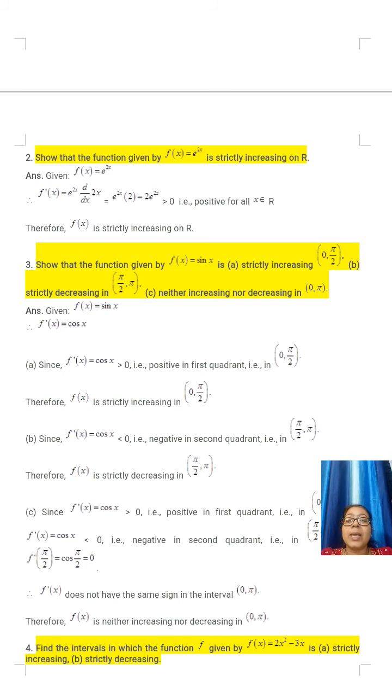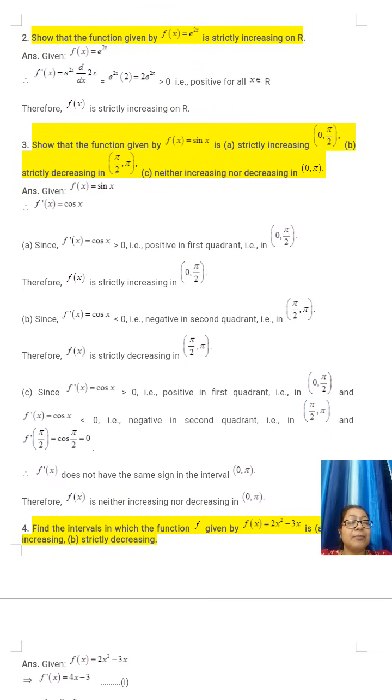Now f'(x) = cos x is greater than 0, positive, in the first quadrant, 0 to pi/2. And f'(x) = cos x is less than 0, negative, in the second quadrant, pi/2 to pi. And at pi/2, that is at 90 degrees, cos(pi/2) is equal to 0.